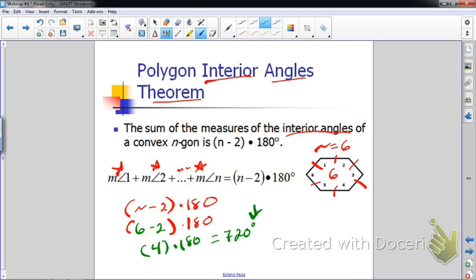So this interior polygon of 6 sides contains 720 degrees, okay? So remember, if I am asking for the interior angles of any given polygon, the formula is going to be the quantity of n minus 2 times 180 degrees.